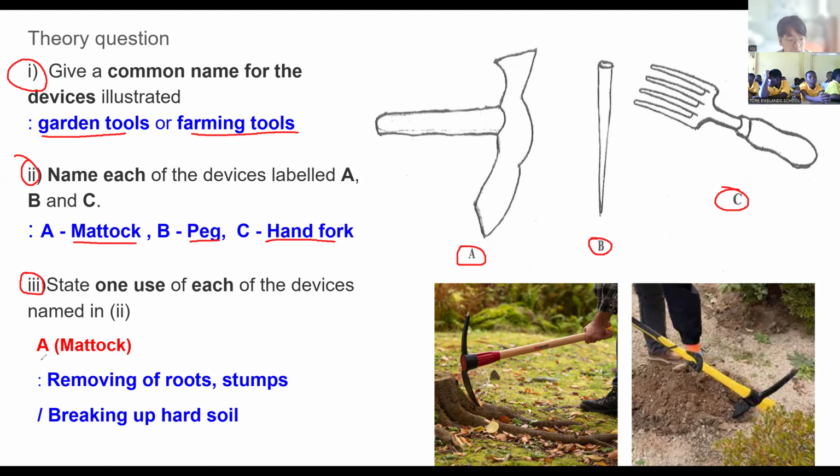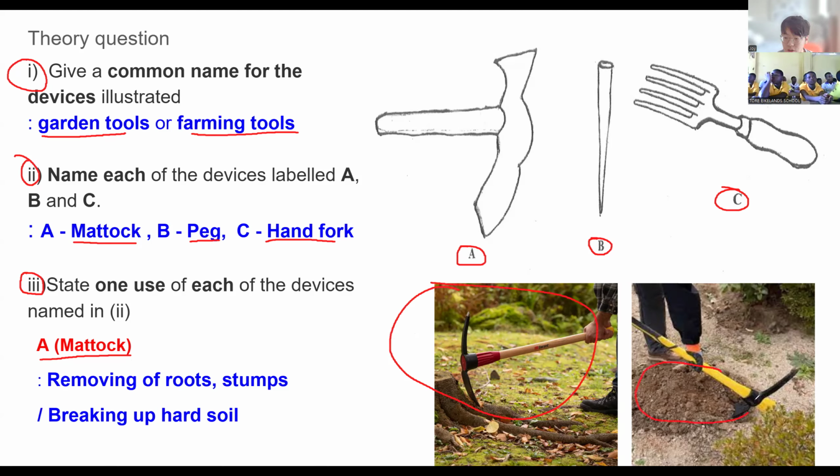So the mattock here, this A, this shaped tool right here, is used to remove the roots and the stumps of a tree. And this is used also to break up hard soil. So you can see in these pictures, this person is trying to maybe break the roots or the stumps.